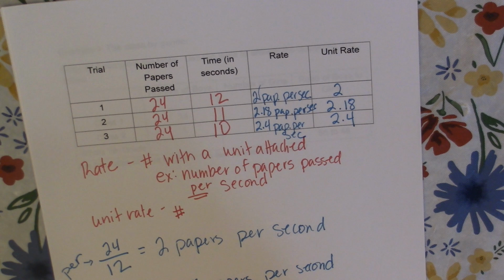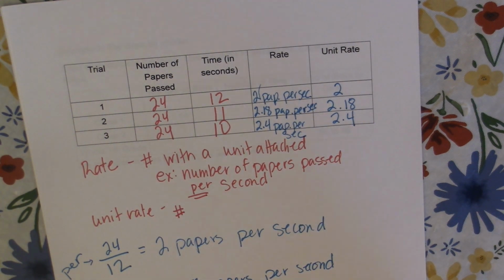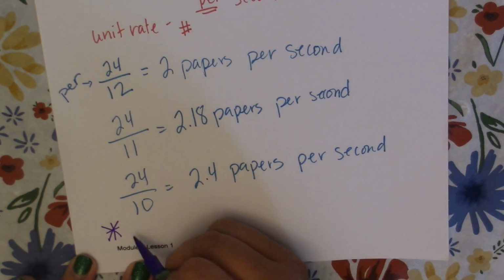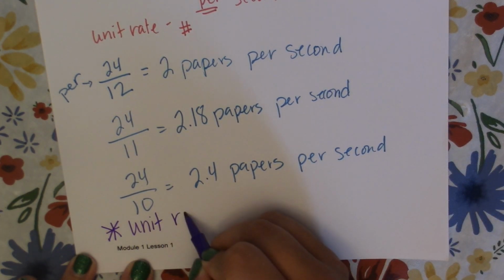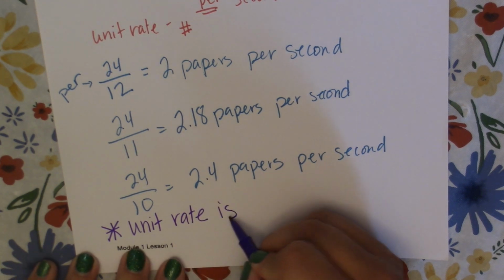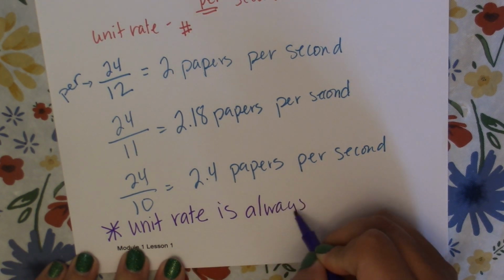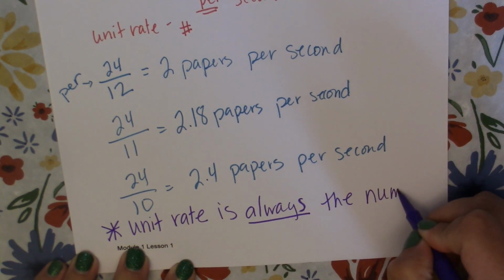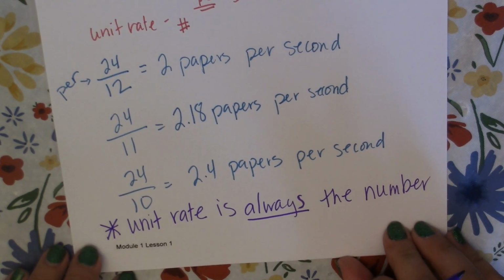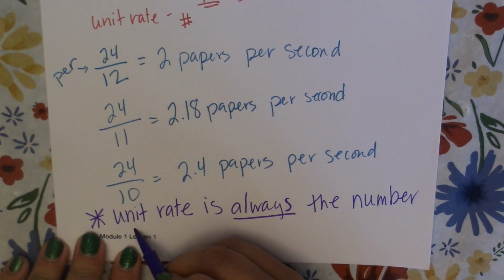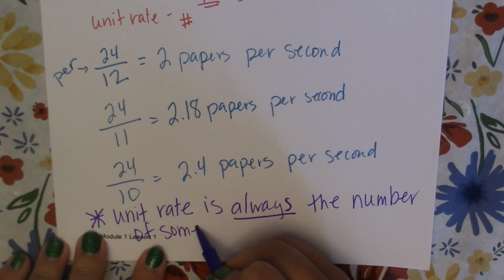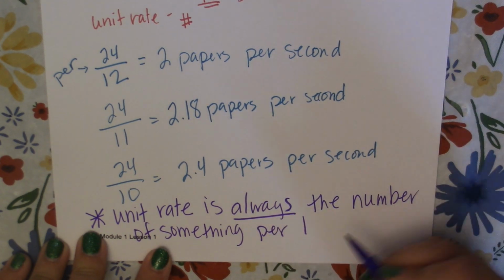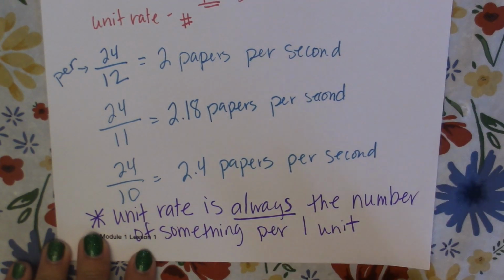When we're looking at a unit rate, we must make a note on here. Going down to my paper, right here, this is important. Our unit rate is always the number of something per one unit, or per one of something else.